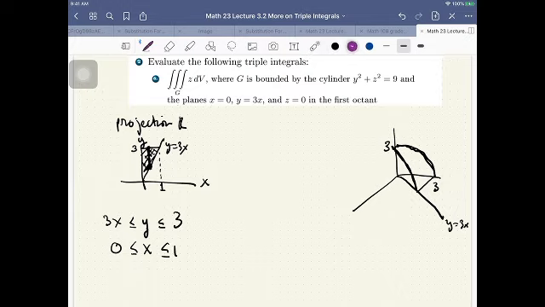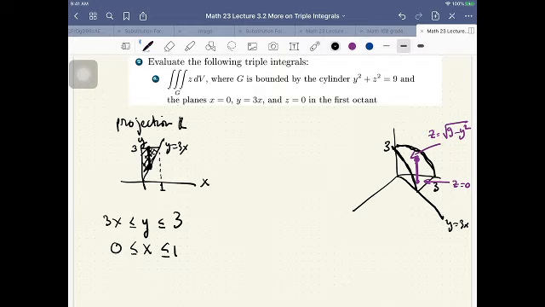On the other hand, the elevation, the roof and the floor functions are, well, here you have z equals 0, the xy plane, as the floor function, and the ceiling function is z equals the square root of 9 minus y squared. So I'm just going to give you the setup integral.